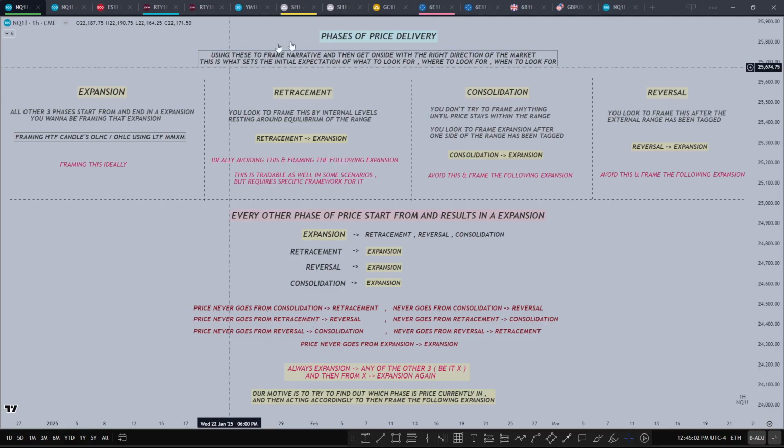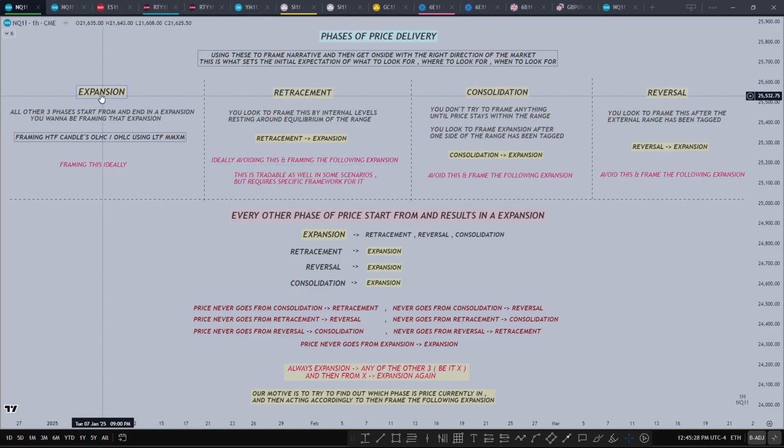So what is the use of phases of price? Building narrative and having an expectation of what to look for, where to look for, and when to look for gives you clarity, in short. And clarity means high confidence. High confidence means less anxiety, and you will trust yourself more, and so have better execution of any of your ideas.